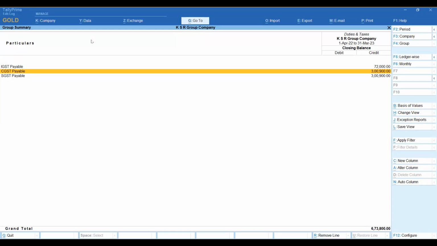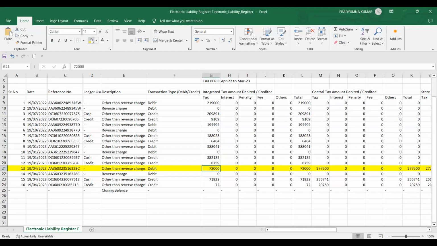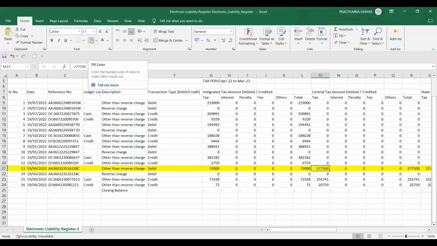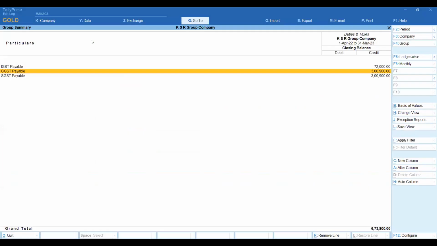Otherwise, if this taxpayer had reported properly, IGST would be 72,000, and CGST and SGST should have been 3,900,000 each. Of course, this assessee paid that amount subsequently in the next month's return. He missed reporting it in the GSTR1 return. So this is how you should try to match; otherwise, whatever outstanding is shown here will be reflected here. This is how you have to report it.